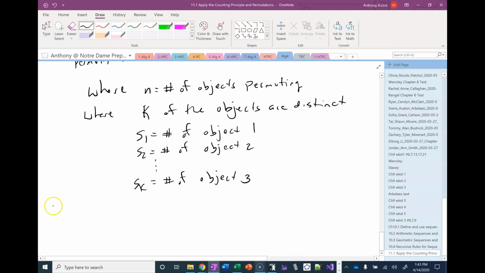So if we take this back to our example with EYE, here we have n is 3 because we have 1, 2, 3 total objects. My k is 2. I have 2 distinct objects. We have E's and we have Y's.